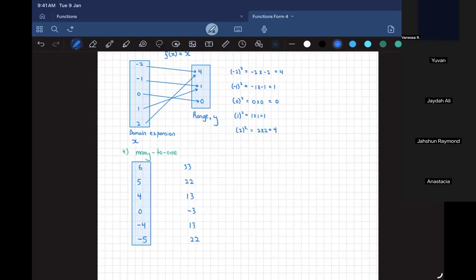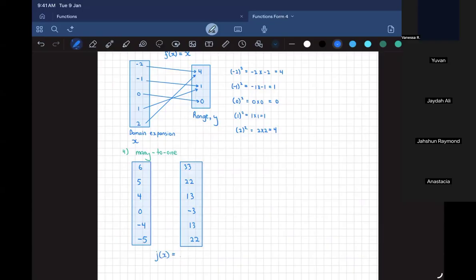Jira, what do you want to call this function? You could call it f of x if you want, g of x if you want, anything. G of x. Cool. So I want you all to try to figure out what the function g of x would be equal to.